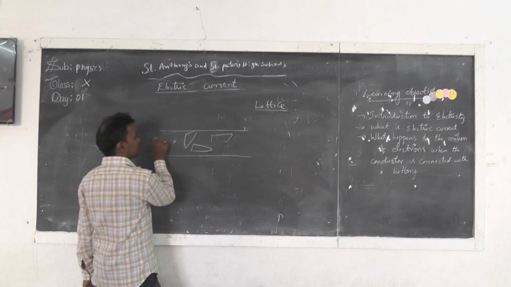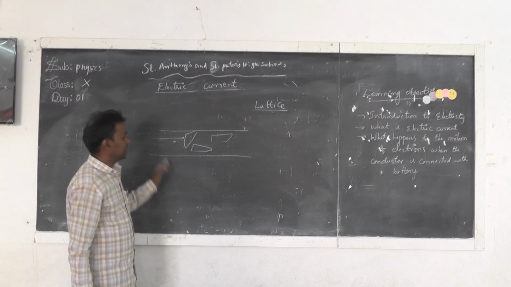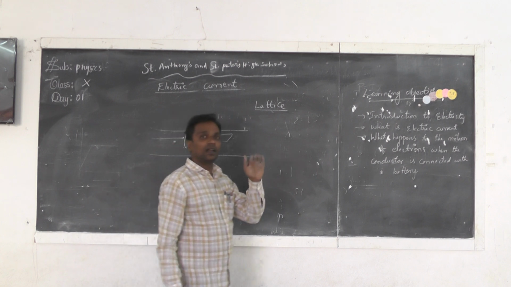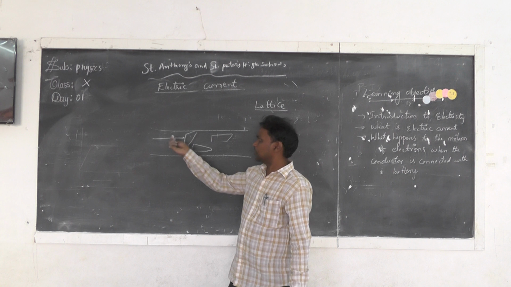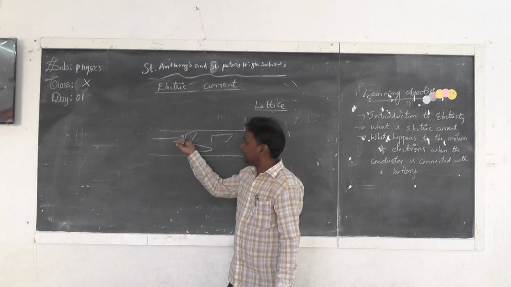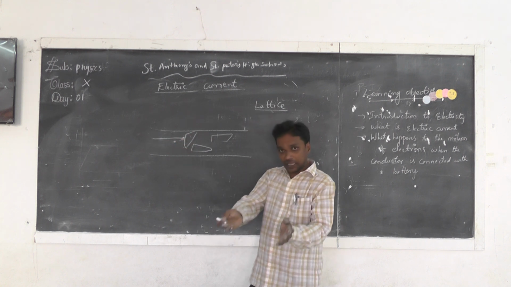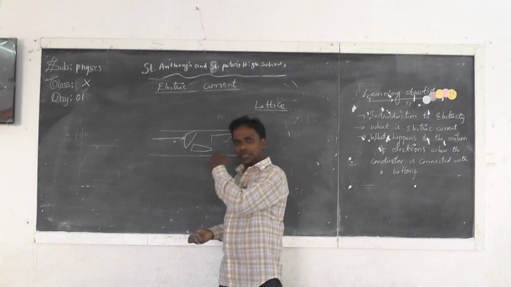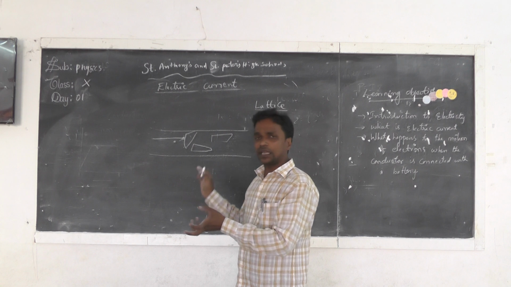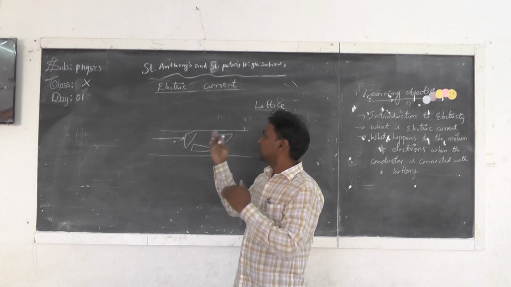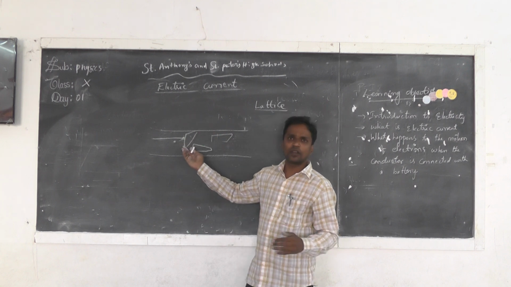These charges will be coming with high velocity, and they will hit the lattice. Whatever negative charges are there, they will come with high speed and hit this lattice. When they hit here, their velocity will be almost 0.